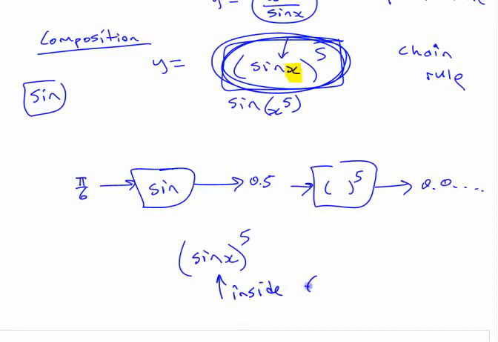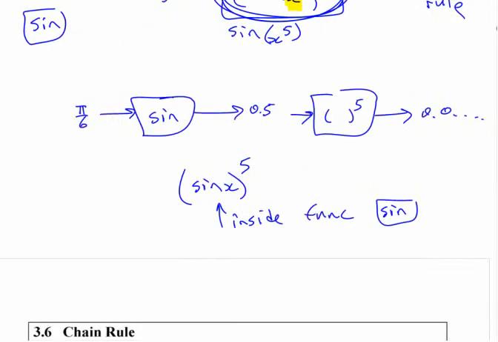Inside function is sine, right? The outside function here is, and I'm not going to put an x after it, I'm going to say sine of something, right? Because the something could be whatever. The outside function there is something to the power of 5, right?